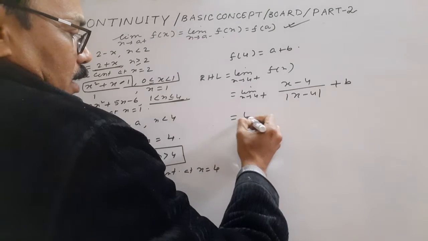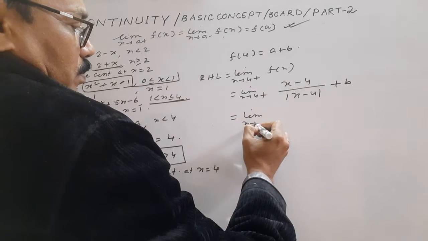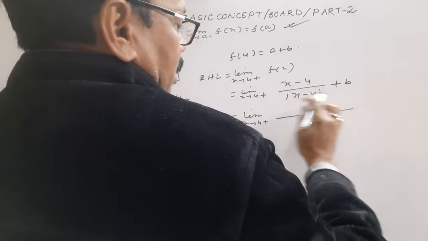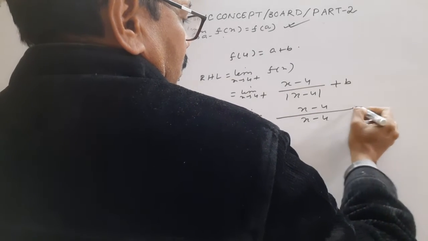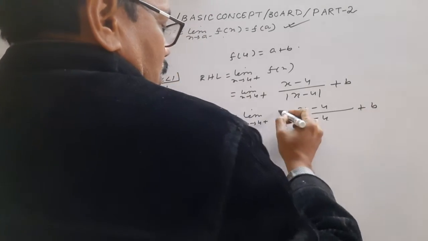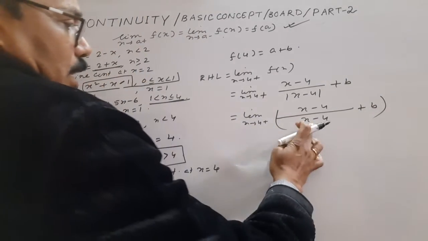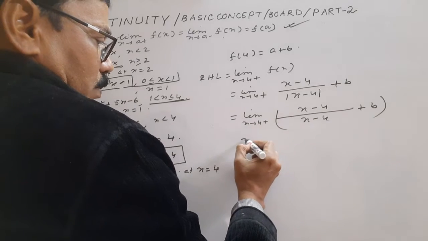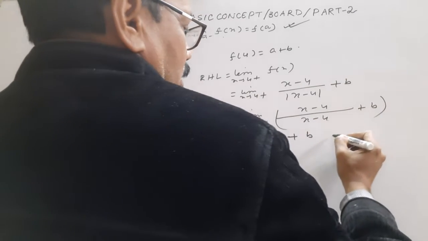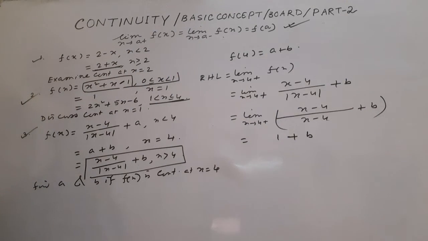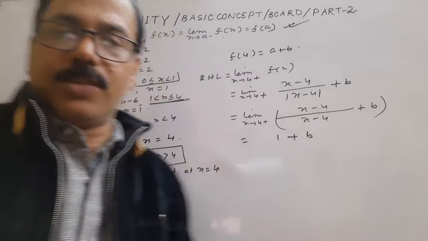So for greater than 4, we have already discussed this one is positive. So x minus 4 is cancelled. This is 1 and b is constant. So 1 plus b is the right hand limit.